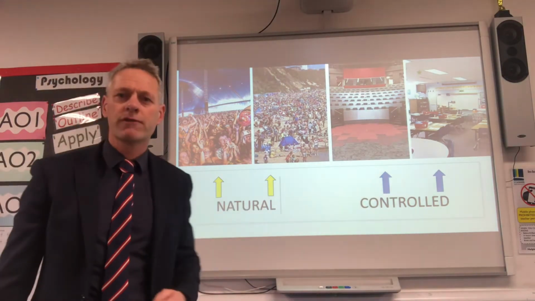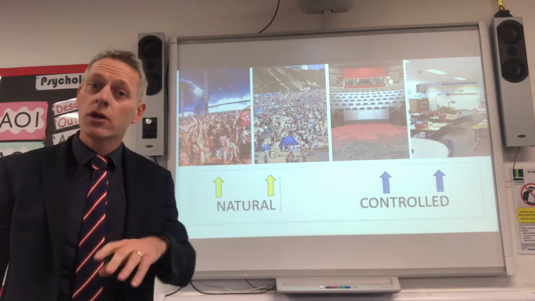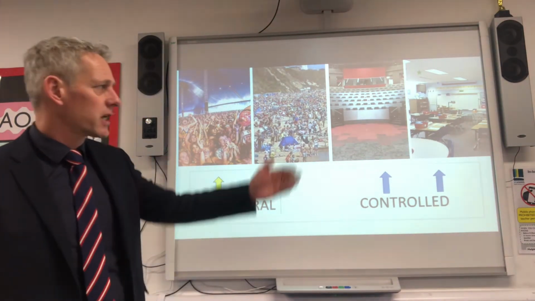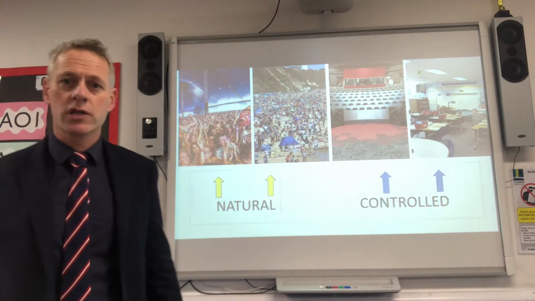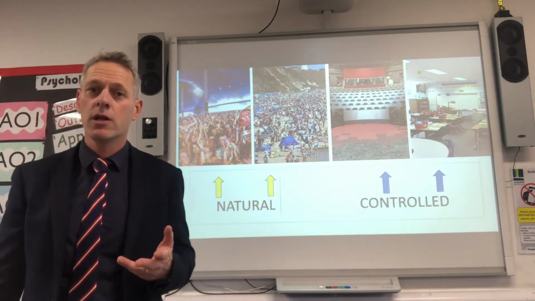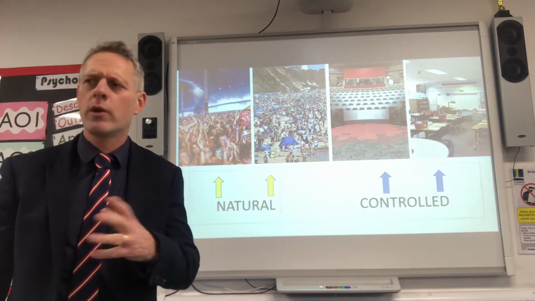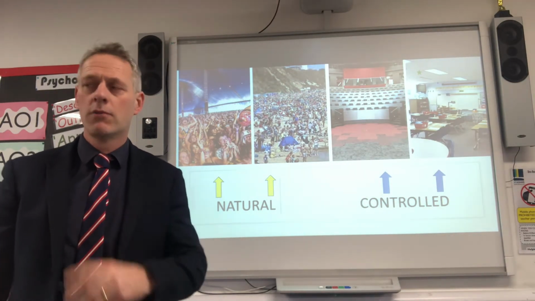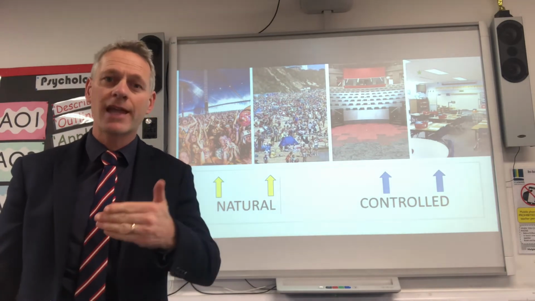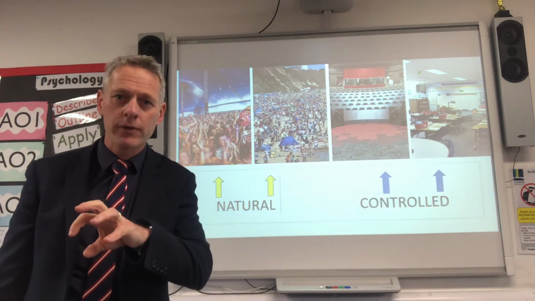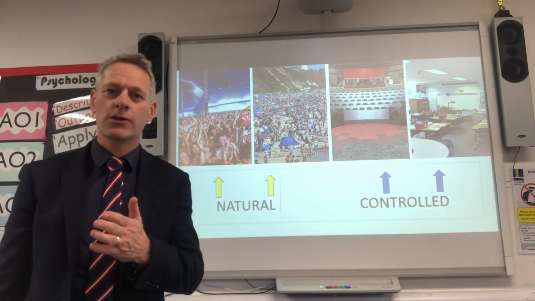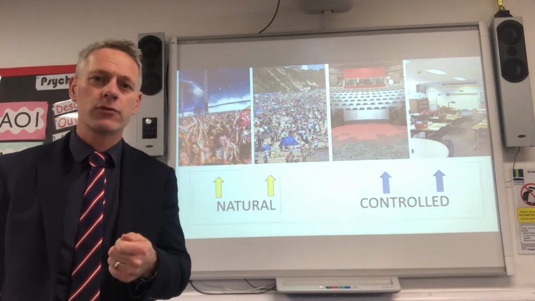A controlled observation is where we are going to control what takes place. Now, let's take something like the classroom. So we're using a classroom, but now we are controlling. We might have manipulated the furniture, put it out in a certain way, might have controlled who is entering the classroom and how, okay? We might control the number of people involved in that situation, so that we can therefore observe it.